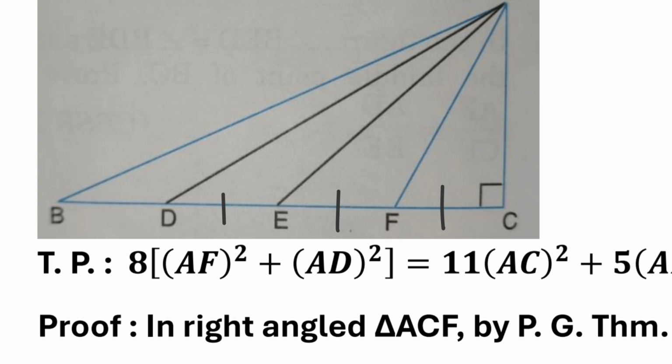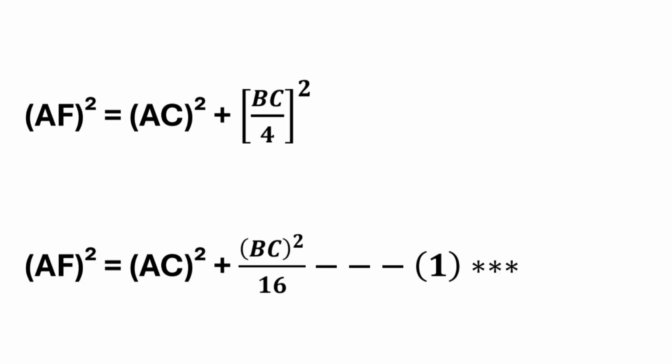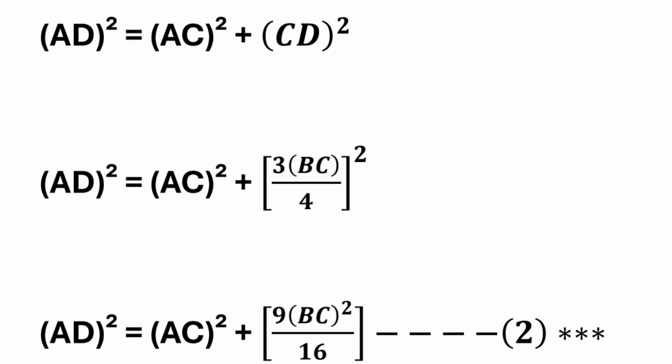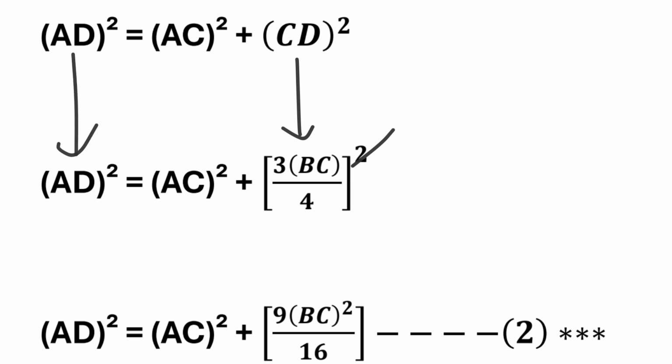Therefore CD is 3/4 of the total, 3/4 into BC. So instead of CD we write (3BC/4) squared. The remaining is the same: AD² = AC² + CD², and instead of CD we write AD² = AC² + (3BC/4)². Then squaring here.